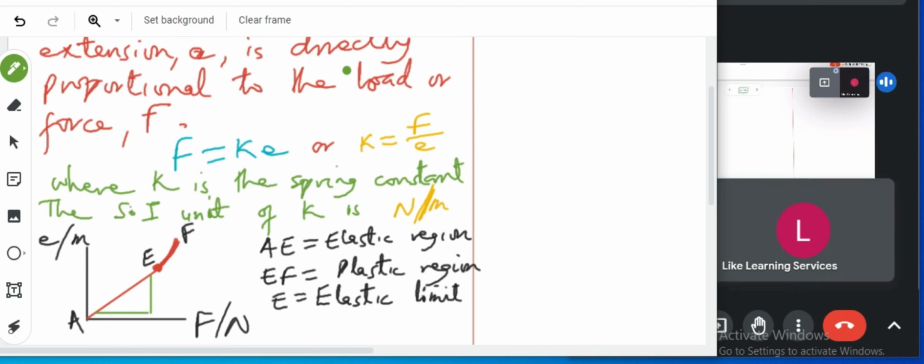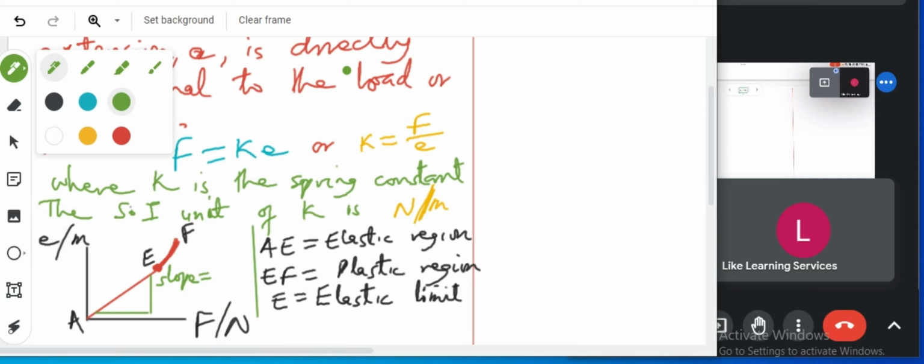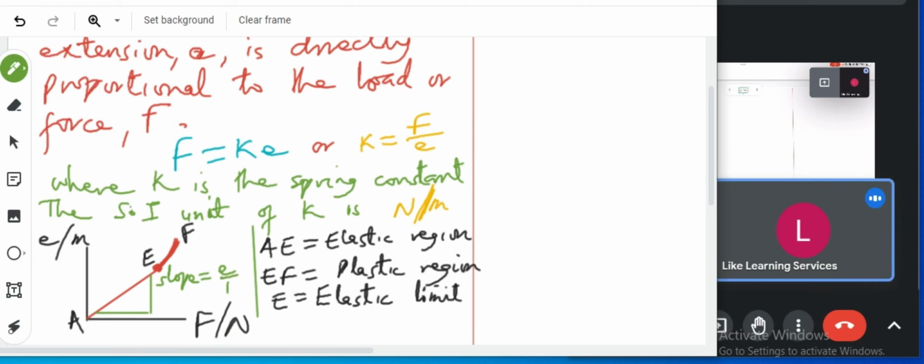The constant. Remember, this is a graph of E against F. What would the gradient give you? The constant. Yeah, what will be the value? Slope is equal to, since it is E plotted against F, that's going to be E over F. And what would that be?